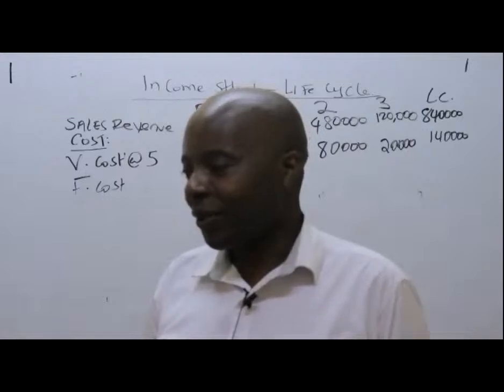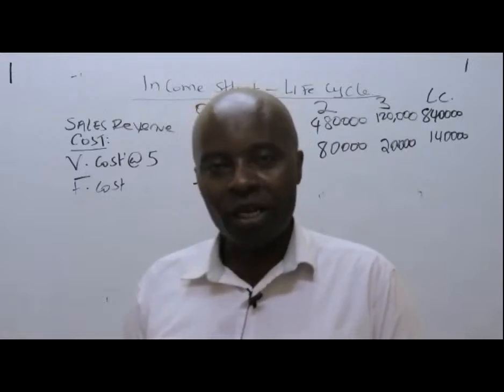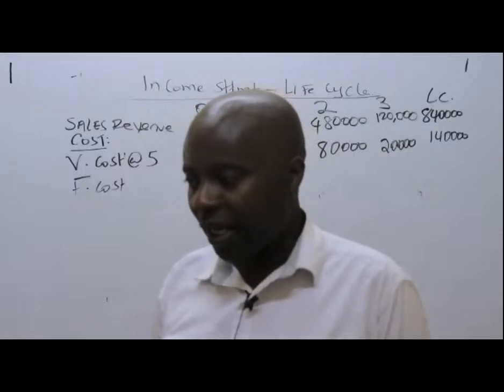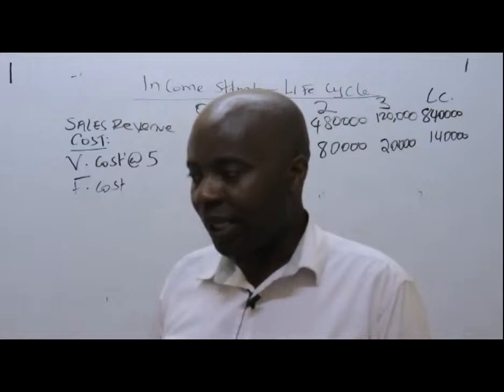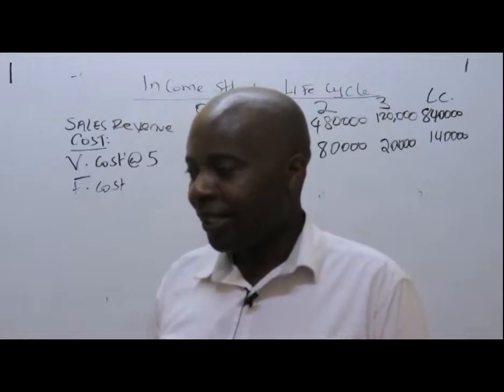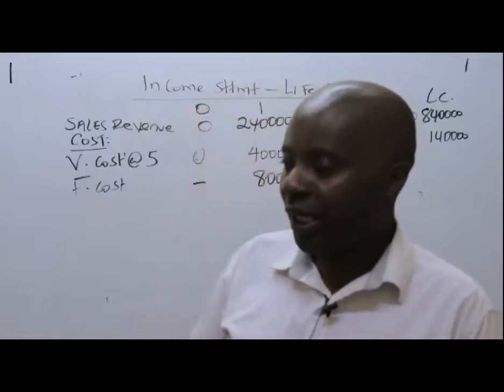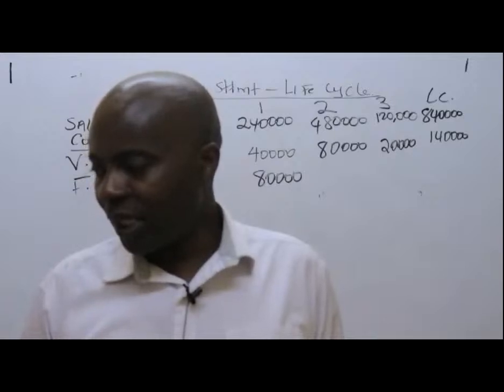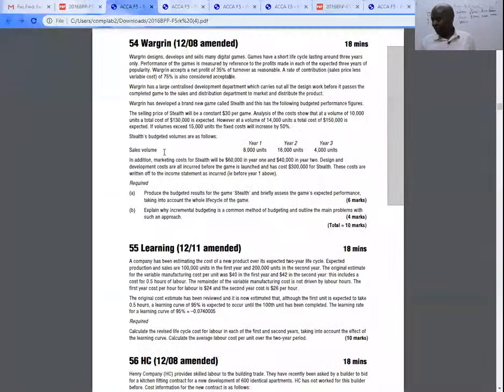Aurelia says 80,000 for all the years because, according to Aurelia, fixed costs are supposed to be constant throughout, which is a great idea. What about other students? Teresa says no, year 2 is supposed to be 120,000. Teresa has read something very serious here: however, at a volume of 14,000, total cost is 150,000, which is expected.